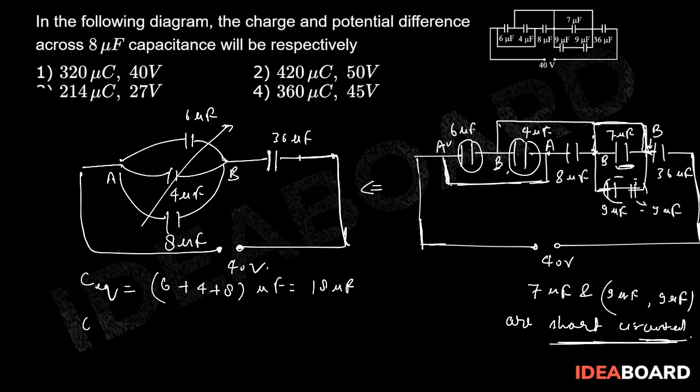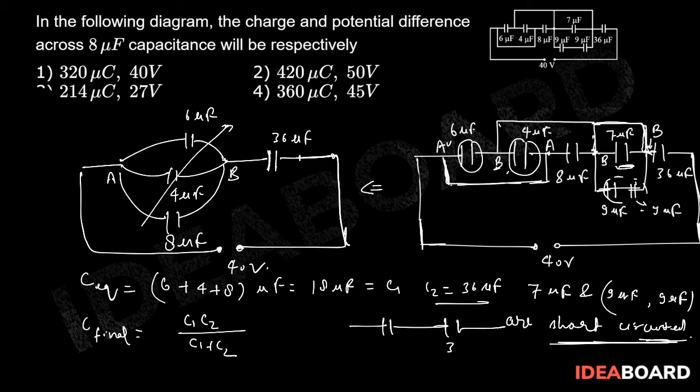So C final will be equal to C1 C2 upon C1 plus C2, say this is C1 and C2 is 36 microfarad. Now both capacitors are in series. This is 36, and this is 18, and this is our supply. This is the final simplified circuit diagram. If you solve it, you get 18 times 36 by 18 plus 36, correct?